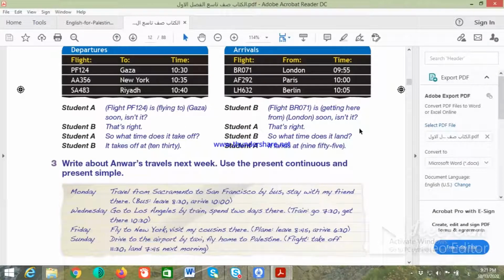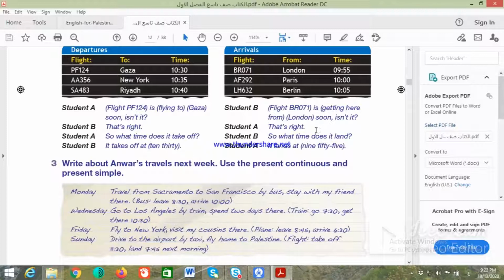Use the question tag. Student B: That's right. Student A: So what time does it take off? Student B: It takes off at 10:30. حوالي 10 ساعات ونص.